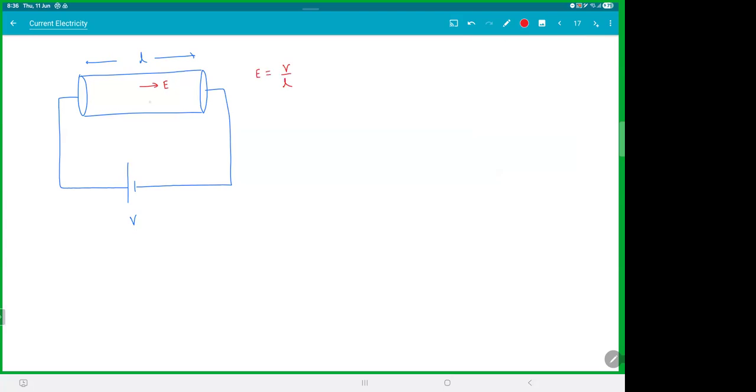And then because of this, the electrons will start going in the opposite direction. The force will be this way. F is equal to eE. So this will result in a systematic motion.